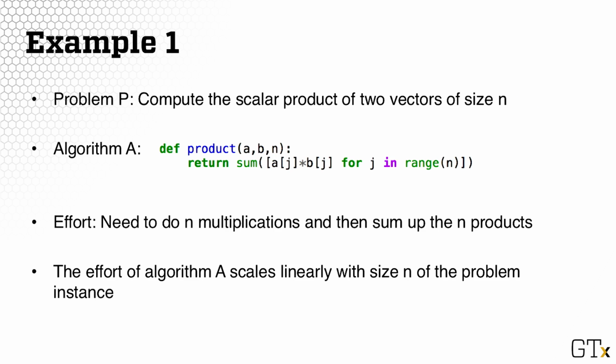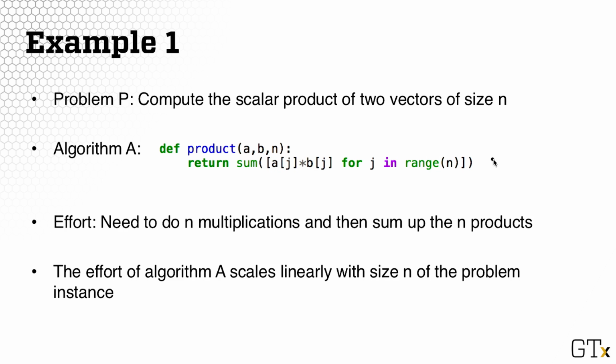Suppose our problem is to compute the scalar product of two vectors of size n. Here's a simple algorithm, a simple Python function. This function defines the product of a, b, n, where a and b are vectors of size n, and it returns the scalar product. It multiplies aj times bj for all j in this size n and returns their sum.